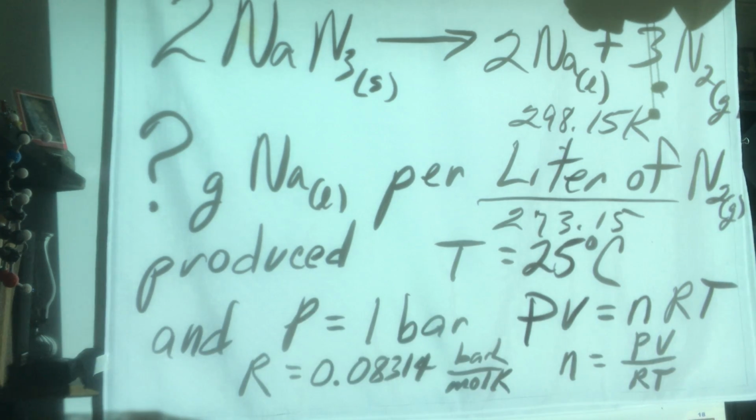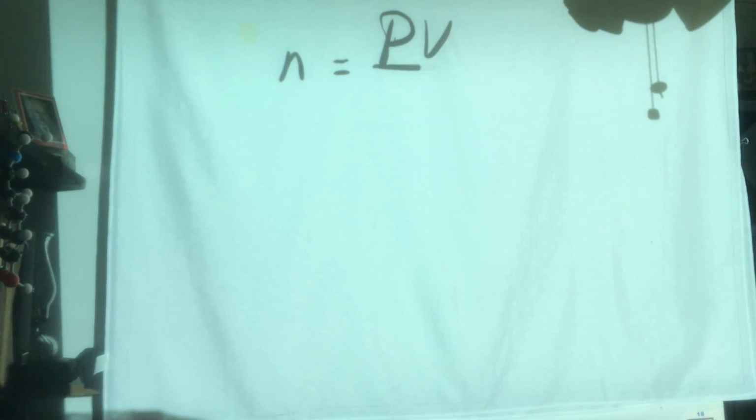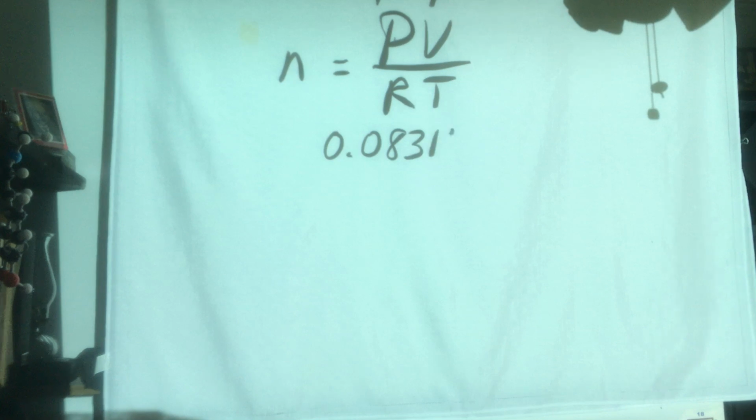Okay, going to the next page. So we have n equals PV over RT. The pressure is 1 bar. The volume is 1 liter. The gas constant is 0.08314, and the temperature is 298.15.